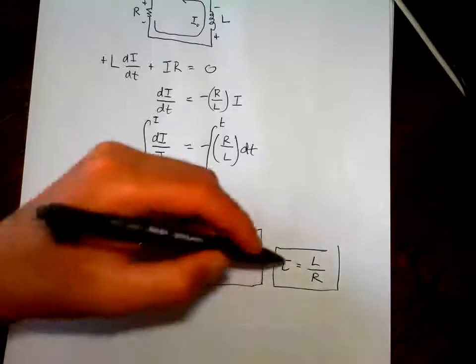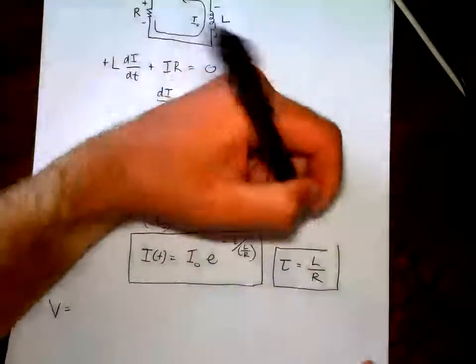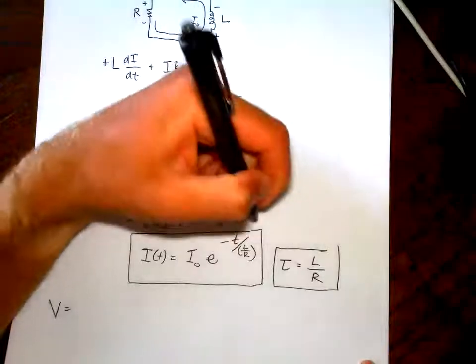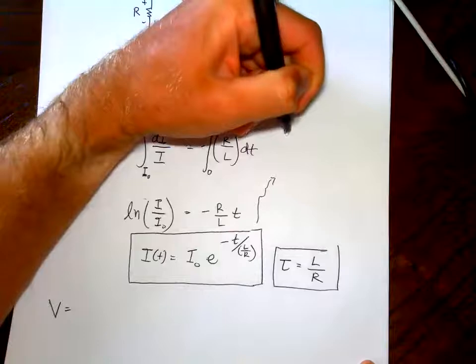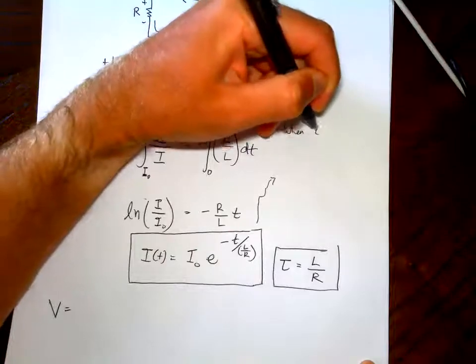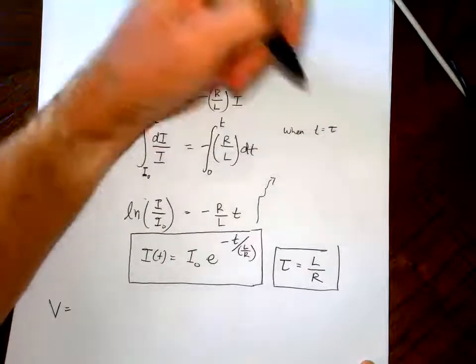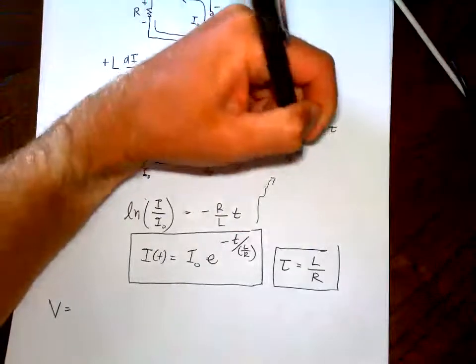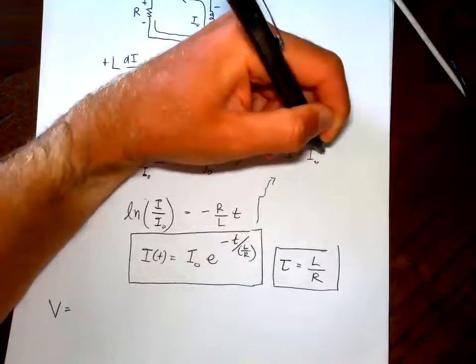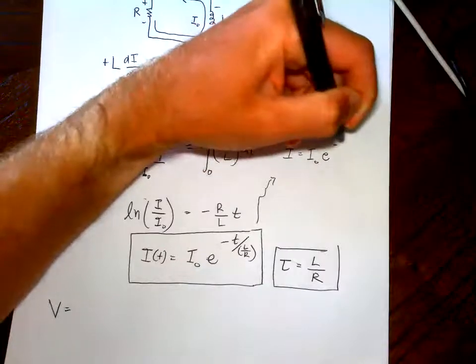So you could see that, I'm going to do a little sidebar calculation. When the time is equal to 1 time constant, you would have that the current is equal to I naught times e to the minus tau over tau.